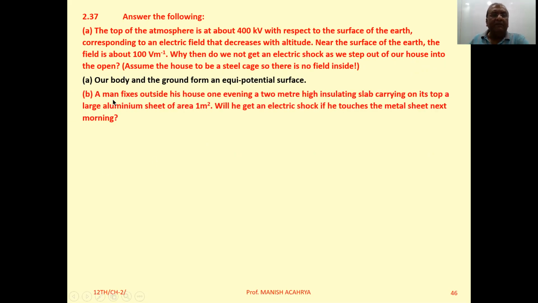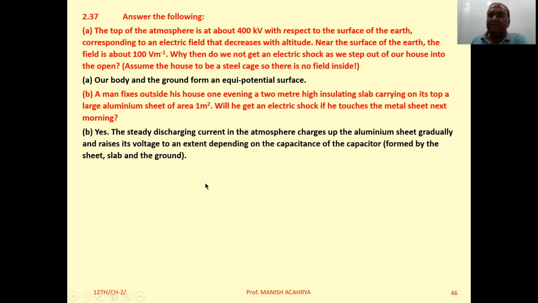Now B. A man fixes outside his house one evening a 2-meter high insulating slab carrying on its top a large aluminium sheet of area 1 meter square. Will he get an electric shock if he touches the metal sheet next morning? Yes, because aluminium is a conducting material.